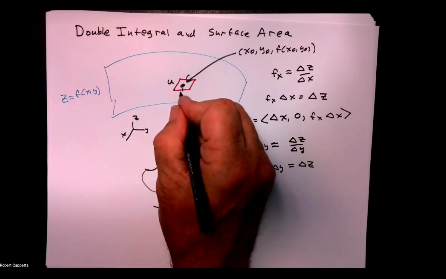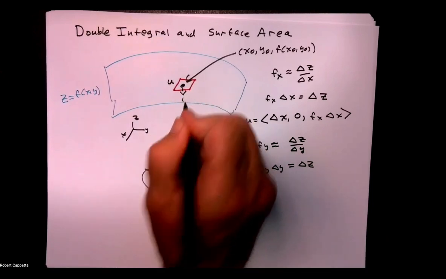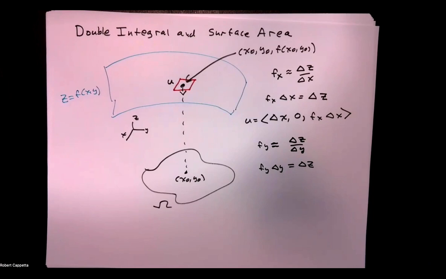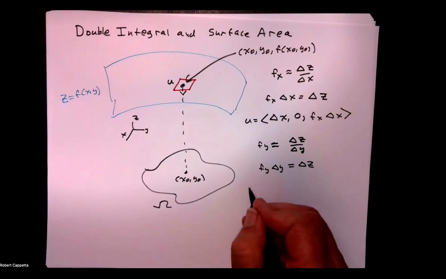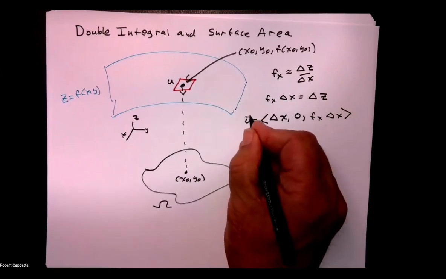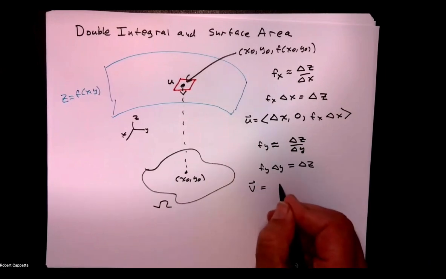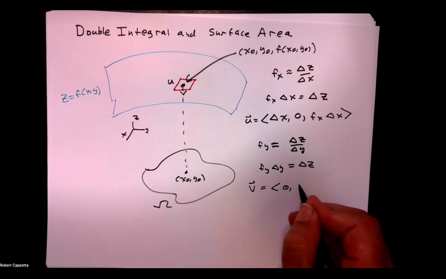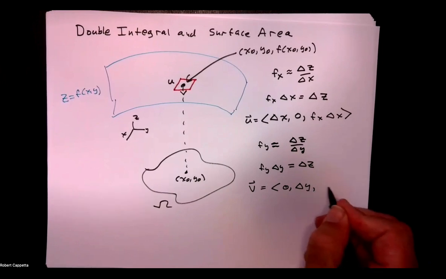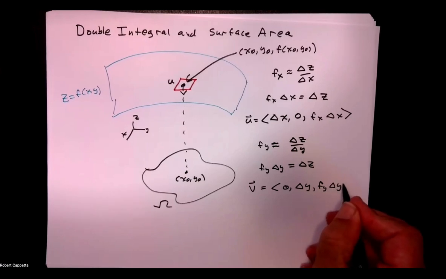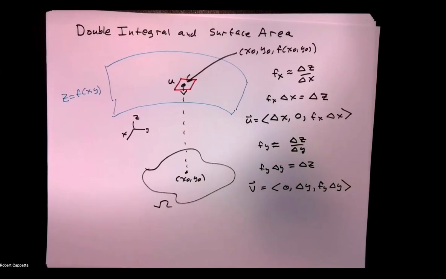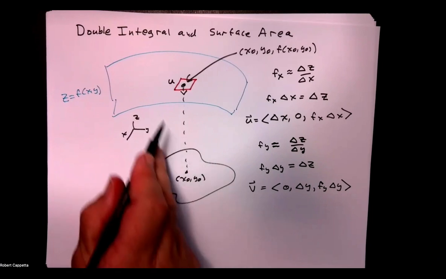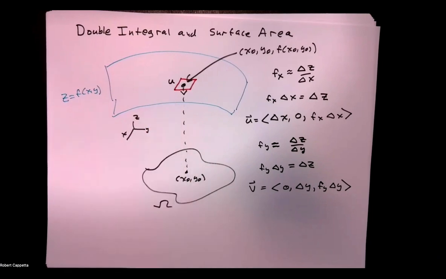Let's call this vector v. But on that vector v, there is no change in x. So the vector v I'm going to have here has no change in x. The change in y is the change in y, and then the change in z is f sub y times the change in y. So do we see how these two vectors, u and v, define that element of the tangent plane?